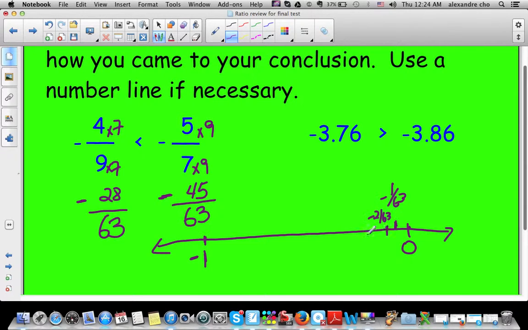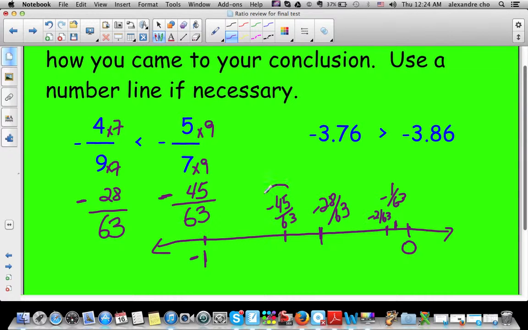If I'm walking, I hit negative 1 over 63 first, then negative 2, negative 3, negative 4, negative 5, negative 6 over 63. The first number I'm going to hit is negative 28 over 63, and the second number I'm going to hit is negative 45 over 63. I didn't put them in the right locations, but that would be the order in which you would hit them: first negative 28 over 63 and then negative 45 over 63.